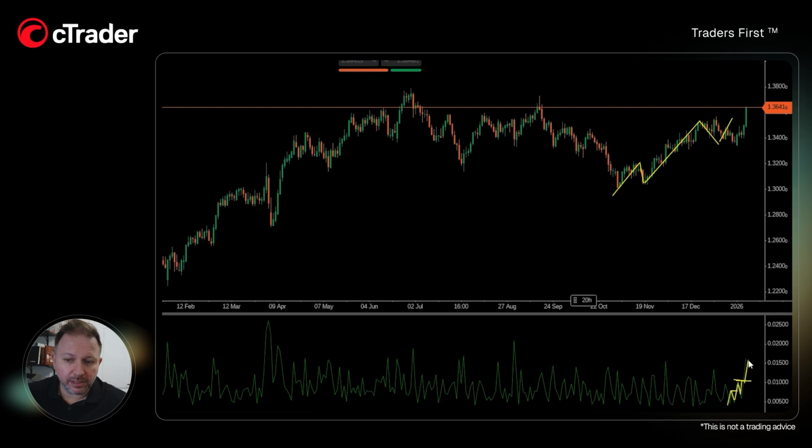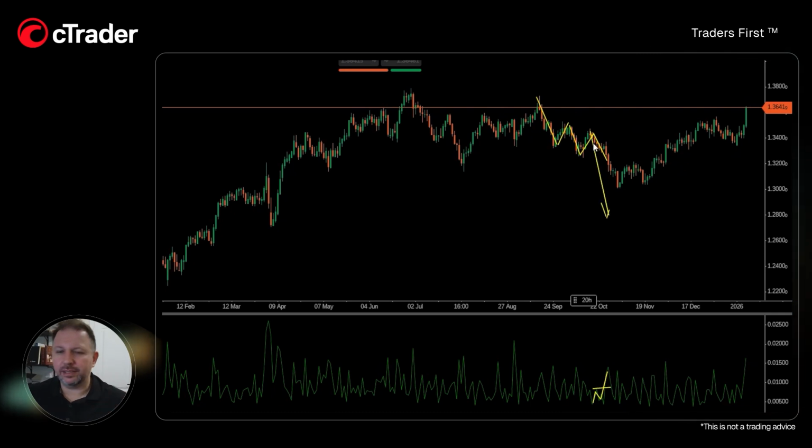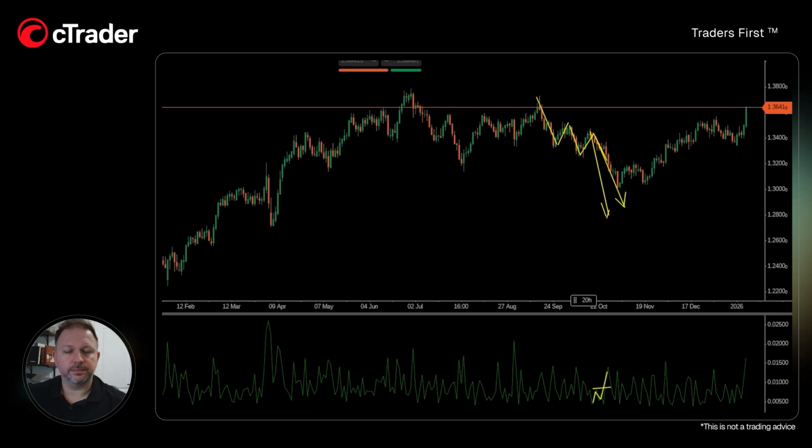That could be a great indication that buyers are actually looking to step in. And when you are in a bearish market, when you have a sequence of lower highs, lower lows, look for this increasing volatility in the bearish direction, which usually indicates that the sellers are taking the control.